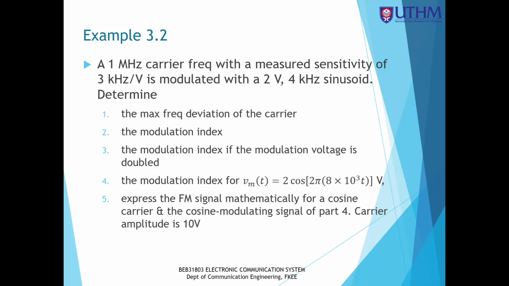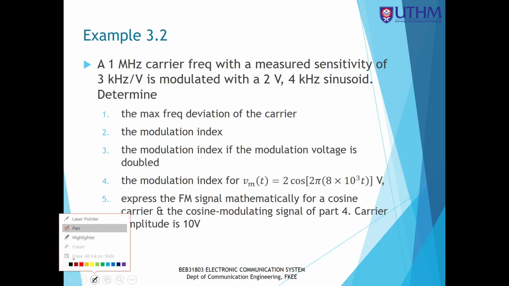Based on this example, a 1 megahertz carrier frequency with a measured sensitivity of 3 kilohertz per volt is modulated with a 2 volt 4 kilohertz sinusoid. So you are given a carrier signal. The carrier signal has a frequency of 1 megahertz.